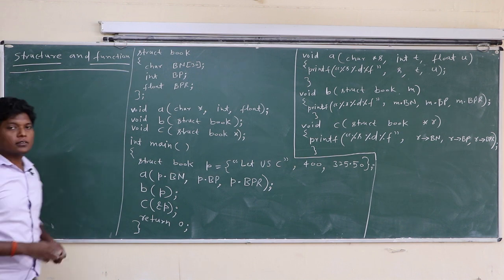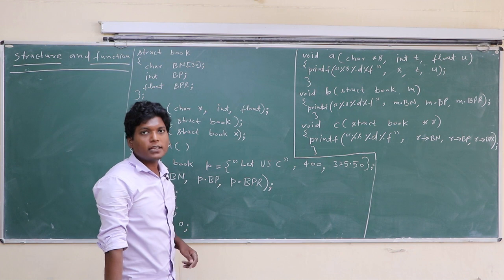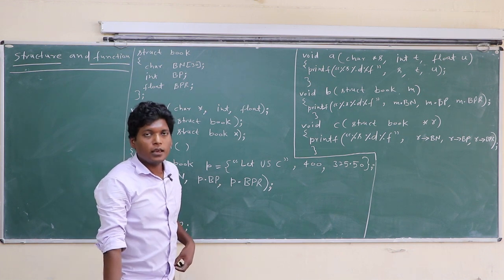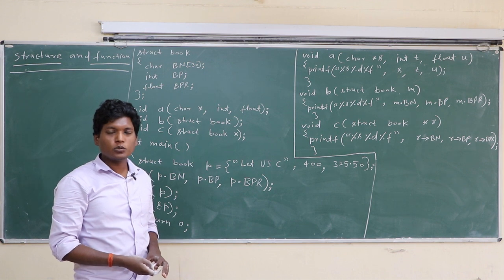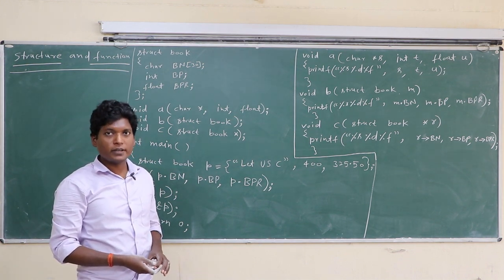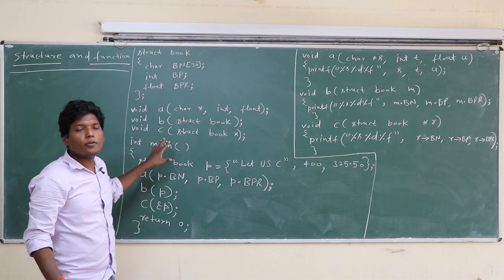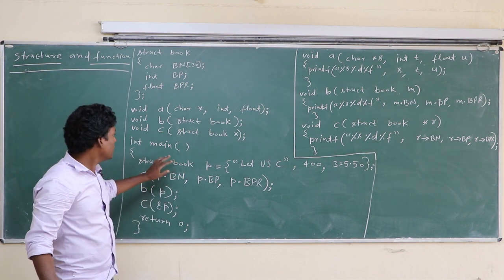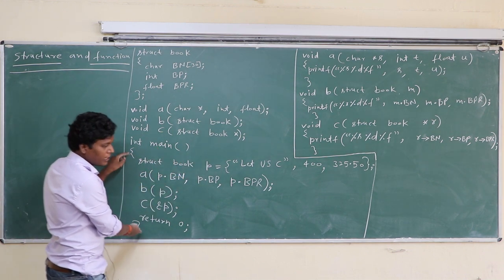Structure and function. Class, topic is structure and function. Here we pass elements of structure to the function and variable of structure to the function. Okay class? Here there are 4 user defined functions. One is main, a user defined function from here to here.